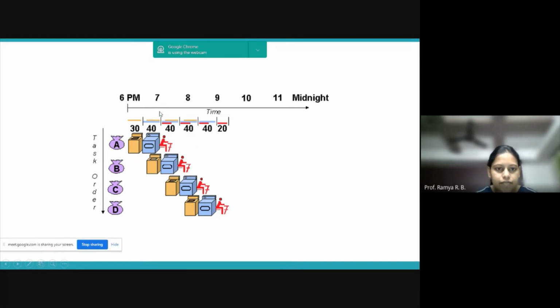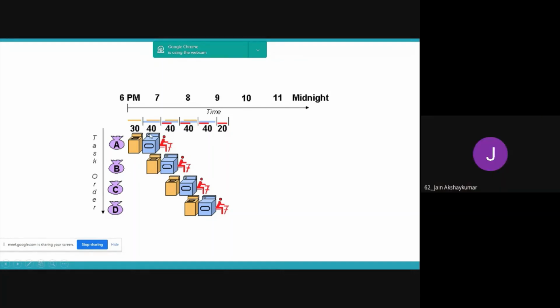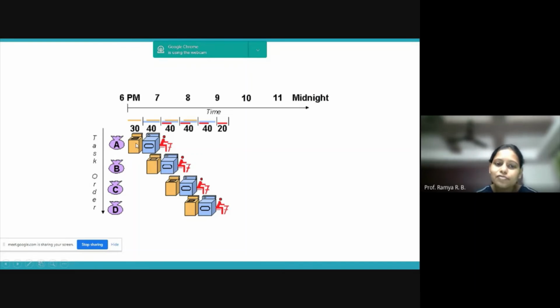Now at that time, when he is drying the first laundry bag, is the washing machine free or not? Yes, right. The washing machine is free. That means instead of keeping the washing machine idle, he can just go on and wash the second bundle, right?